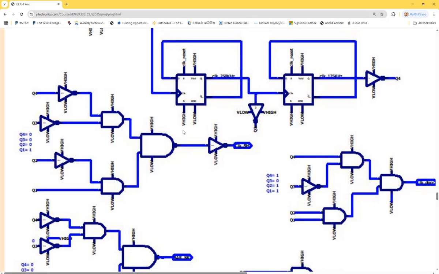For the counter output, if you look at this one, it is counting to 1. You can see Q4 to Q1 is 0, 0, 0, 1, because that's the only combination of the logic that can make you a 1 here. This is the NAND gate. I mean, a NAND gate and inverter actually form an AND gate.